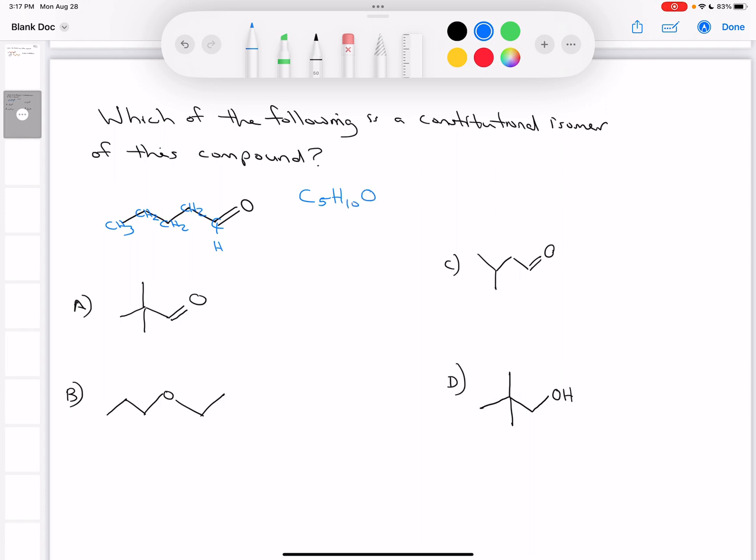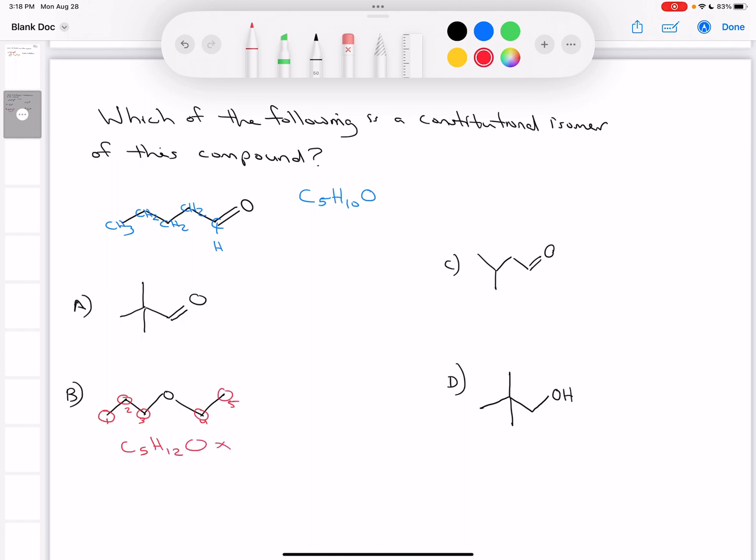So I can see a couple of these possible answers that we can get rid of immediately. If we look at B, for example, we have a total of 5 carbons. So this is C5. And for the hydrogens, we have 12. So that's C5H12O.